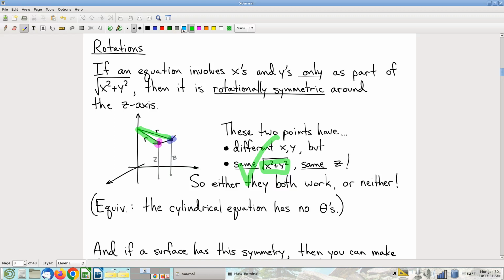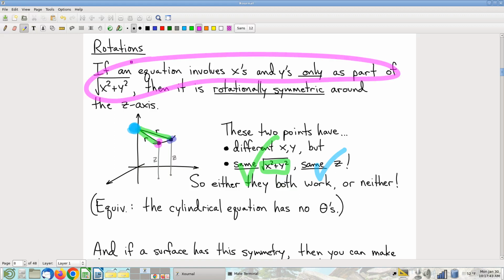And then likewise, their z coordinate, because they are rotations of each other around the z-axis, those z coordinates are the same. So as far as the equation's concerned, the equation only involves this one expression in green for x's and y, and then z. That's it. And these two points agree. So either they both work or they both fail.